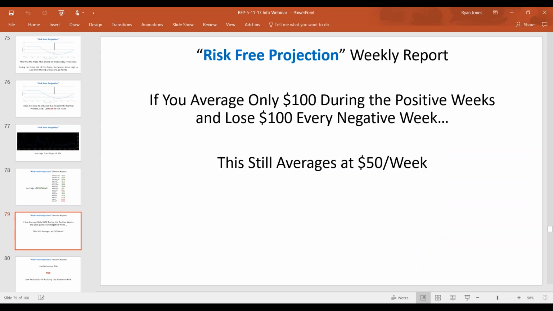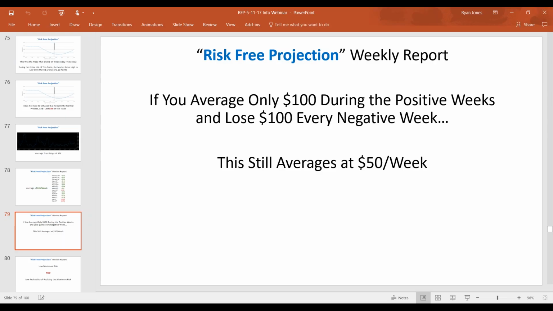So if you average only $100 during the positive weeks, let's dumb down this performance. If on every week where I made more than $100, let's say you only made $100 during those weeks, and for every week that I lost, even though I haven't seen a $100 loss in any of the report trades yet, it'll come, trust me, eventually.